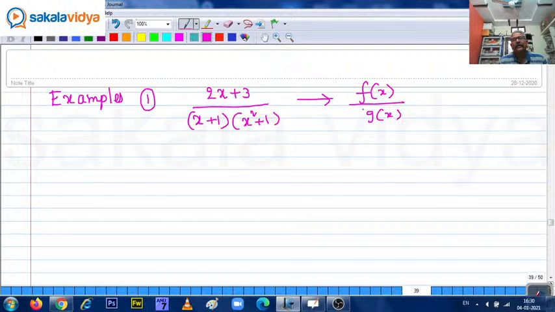Just look at g of x itself, the denominator. This denominator contains x plus 1, which is a non-repeated linear factor, and x square plus 1. X square plus 1 cannot be split further.